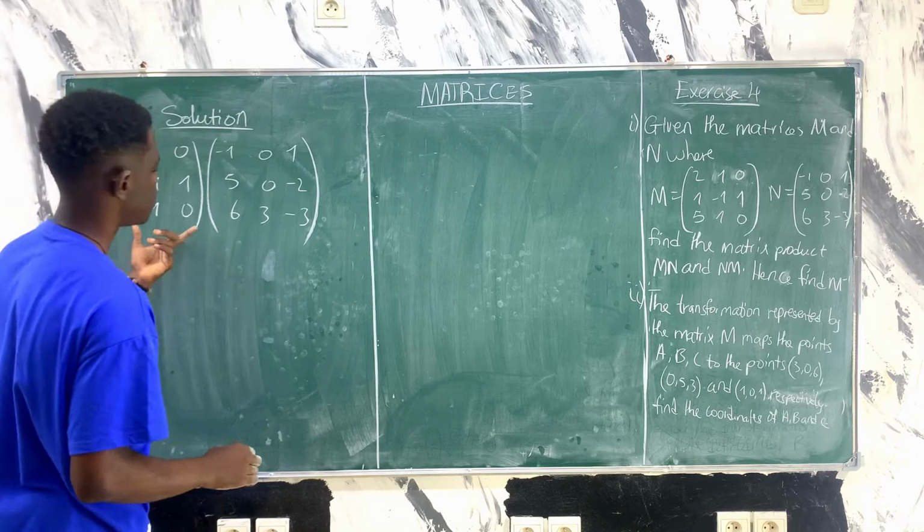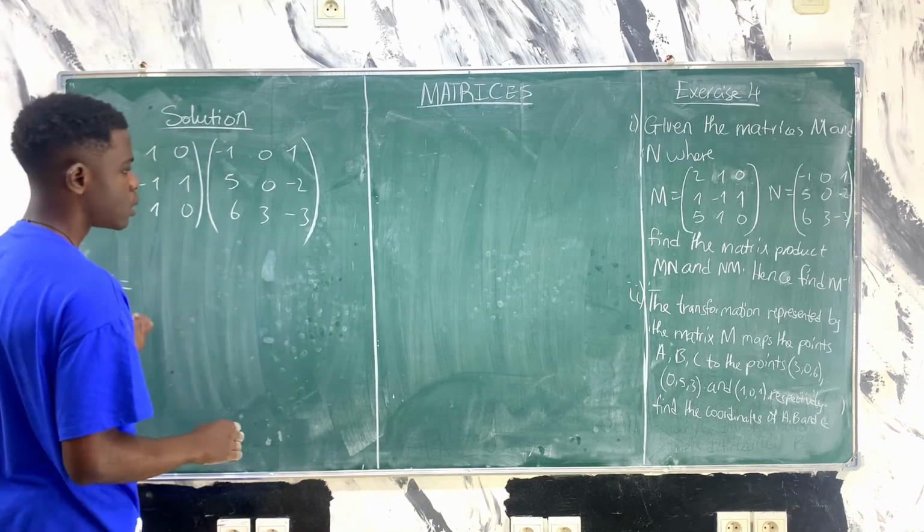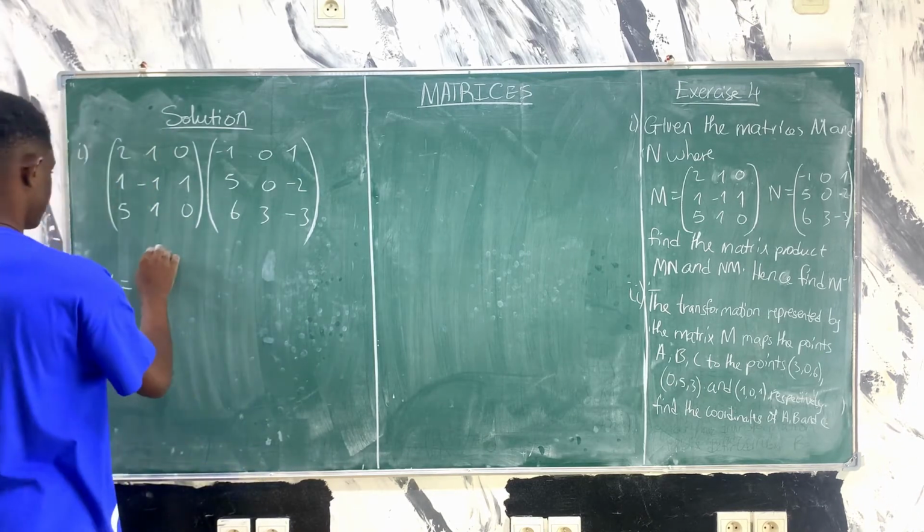So you can see this is a 3 by 3 matrix, this is a 3 by 3 matrix. The answer will obviously be a 3 by 3 matrix too.